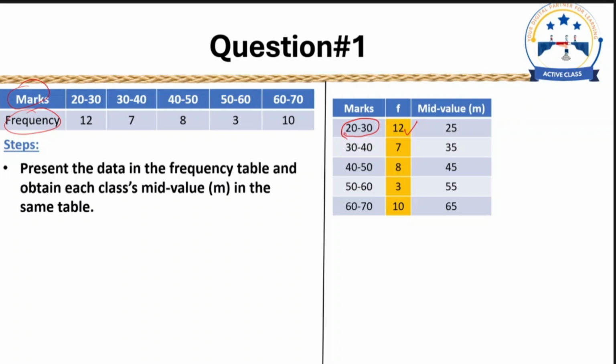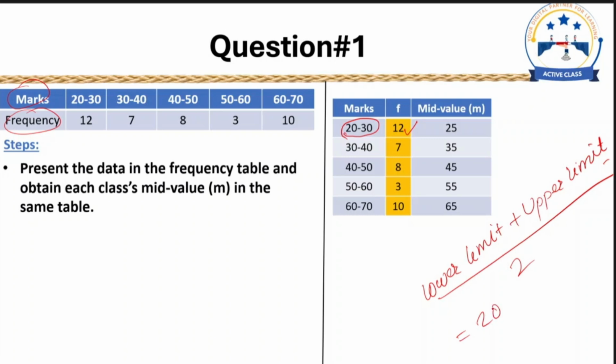30 is 25. To calculate the mid-value, we add the lower limit and upper limit and divide it by 2. So if you add 20 and 30, you get 50. 50 divided by 2 is 25.